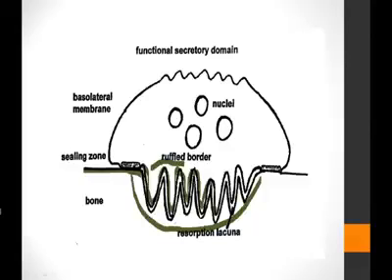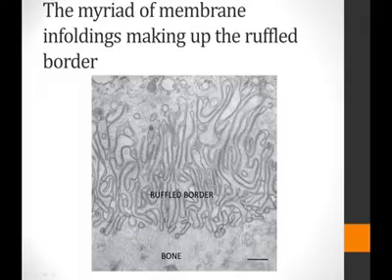However, इसके अंदर टैलिन विनक्यूलिन टाइप प्रोटीन्स होती हैं जो ऑस्टियोक्लास्ट को बोन सरफेस के साथ अटैचमेंट में हेल्प करती हैं. ये रीजन ऑस्टियोक्लास्ट का जो बेसिकली आपकी बोन के साथ अटैच कर रहा है ऑस्टियोक्लास्ट को, इसको हम कहते हैं सीलिंग जोन. ये सीलिंग जोन सिर्फ बोन के साथ ऑस्टियोक्लास्ट को अटैच ही नहीं करता, ये एक ऐसा एनवायरनमेंट क्रिएट कर देता है, ये ऐसा लॉक लगा देता है जिसकी वजह से इस रीजन का, ये जो रफल्ड बॉर्डर रीजन है, इस रीजन का बाहर वाली एनवायरनमेंट के साथ कोई कम्युनिकेशन नहीं रहता. तो ये एक क्लोज्ड एनवायरनमेंट क्रिएट कर देता है जिसकी वजह से ऑस्टियोक्लास्ट आसानी से एक क्लोज्ड एनवायरनमेंट में बोन के एक रीजन को रिजॉर्ब कर लेता है.